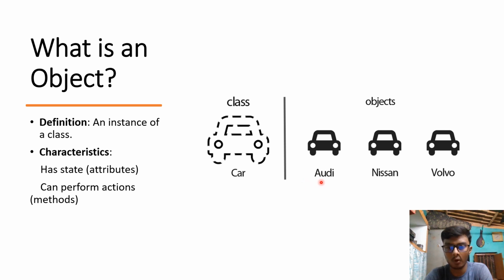So we have Audi, we have Nissan, we have Volvo. These are all other brands of cars that we have created from this particular template, from this particular prototype. So in a very simple way, from the class we can create lots of objects, and an object must have attributes and methods. I think it is clear. Let's move to the next slide.